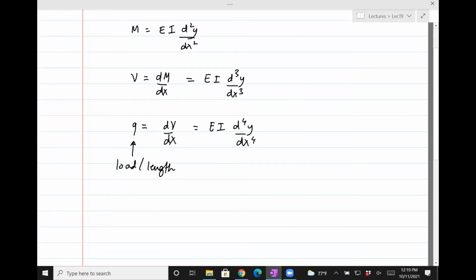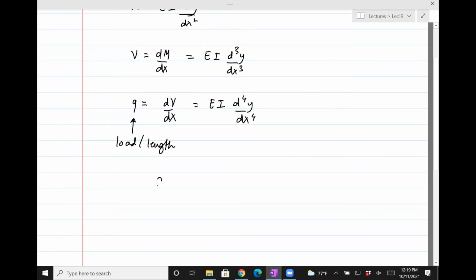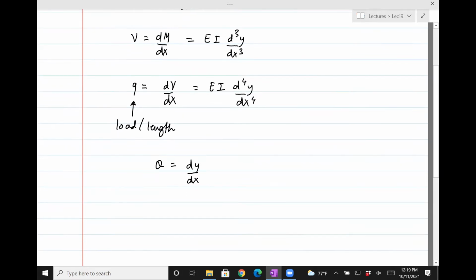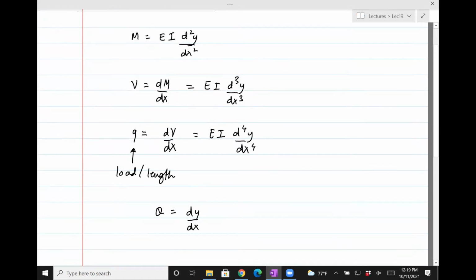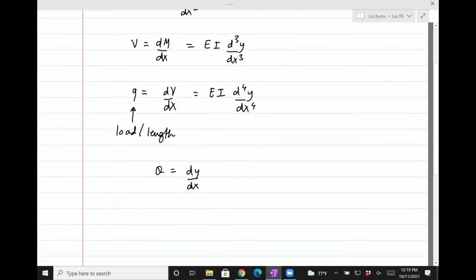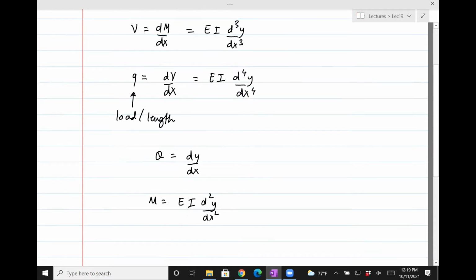Okay, so the things you want to use to solve problems are basically the following. Theta is dy by dx, the first derivative of y. The second derivative, as you can see here, is going to give you M divided by EI, so M equals EI d squared y by dx squared.